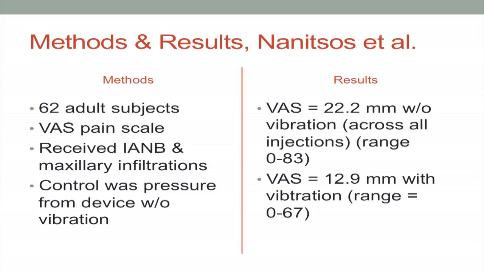In regard to the results, visual analog scores averaged 22.2 millimeters without vibration across all of the injections, with a range of 0 to 83, while when vibration was used, the visual analog scores averaged 12.9 millimeters, which was a significant improvement.